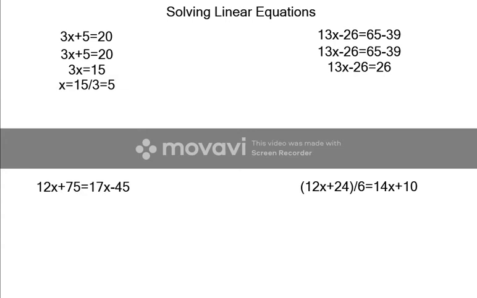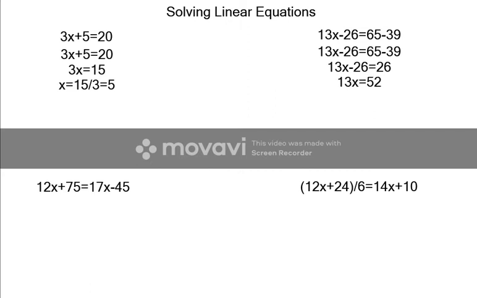Notice on the left side you have 13x minus 26, and on the right side we have 26, so we can add 26 on both sides in order to move the constants to the right side. Whenever you're solving any linear equation, you always want to move your variables to one side and your constants to the other side. So 13x equals 52.